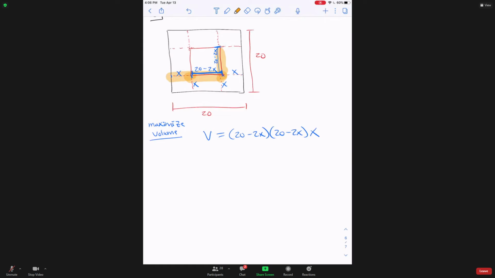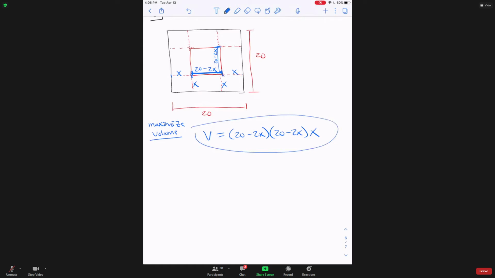Once again, if you look at the iPad from here, this is the width, and this is the length, which is the same. The height would be this flap that comes up, and you fold it up, and that's X. And that's really the hardest part, is coming up with that.